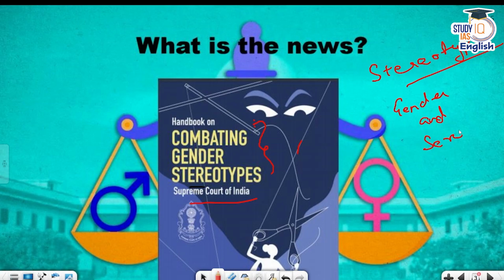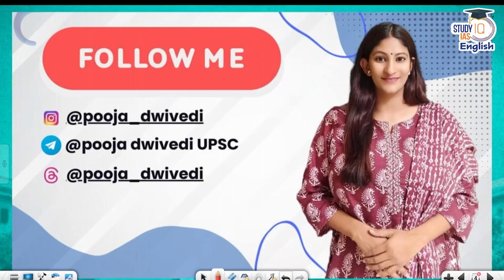They are an individual. Similarly, judges also have it. Judges are not free from it because it is a conditioning that every child goes through. We have to understand that judgments have a profound impact over the entire country. That is why it is important to use the correct sort of words so that the judges are not perpetuating these stereotypes or gender typical roles. That is why the Supreme Court has done it.